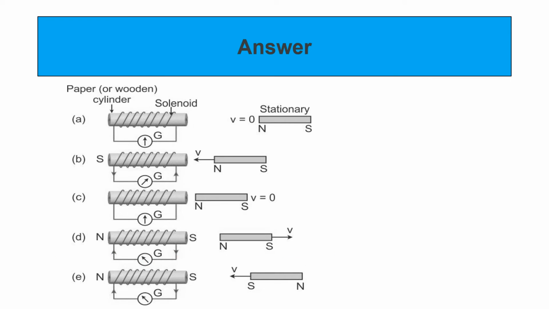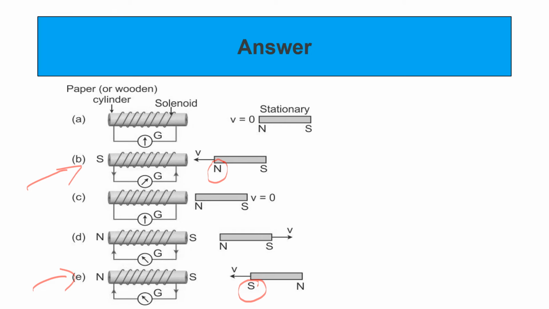What is diagram E representing? Diagram E is similar to B. In both cases, the magnet is moved towards the solenoid. But here in diagram E, this is the south pole. In diagram B, this is the north pole.